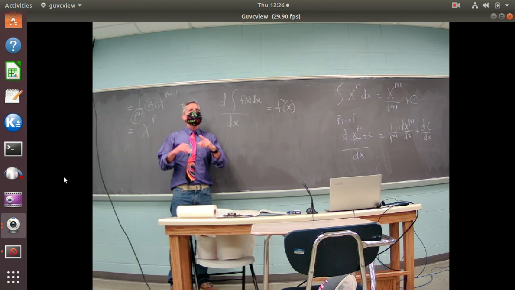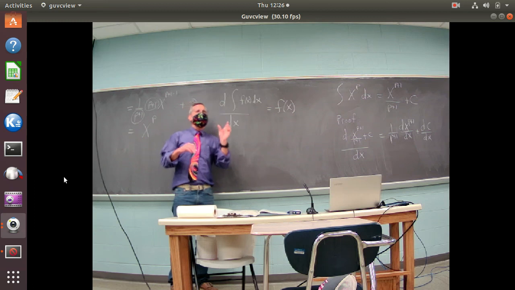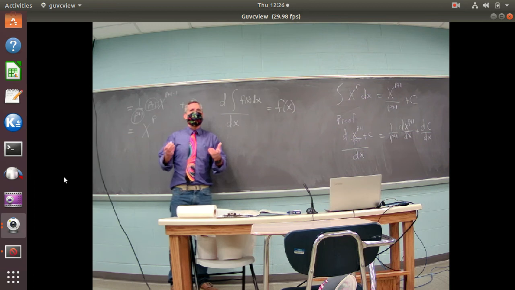Subtly different. The difference is I can square a negative number to start with and then take its square root, so I get its absolute value. If I start with the square root, I'm only dealing with positive things to begin with. And so when I square it, I get back exactly what I started with.